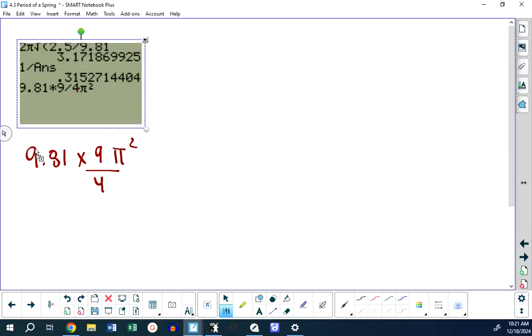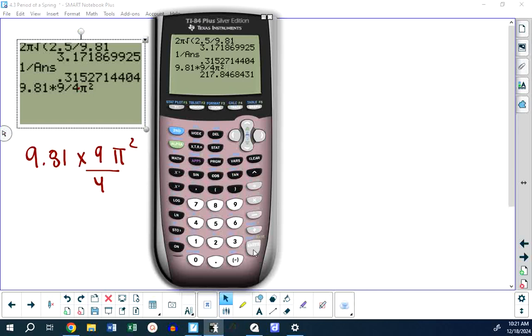In order for you to get the right answer, so this is clearly not close to the 2.5 meters, you either have to do this, or what I typically do, which is to divide by 4 and divide by pi squared.